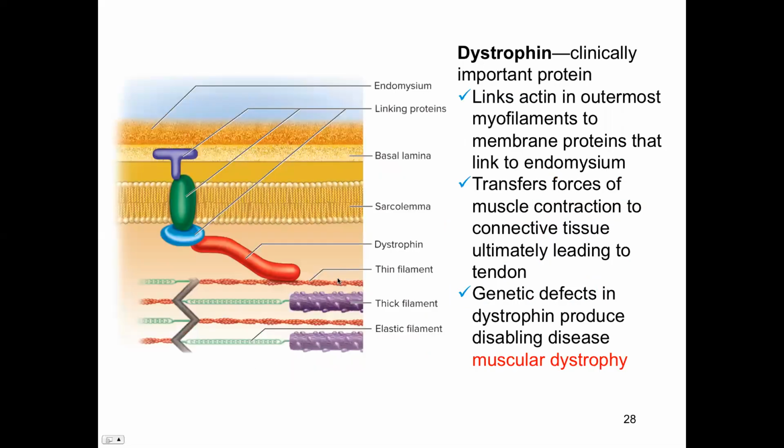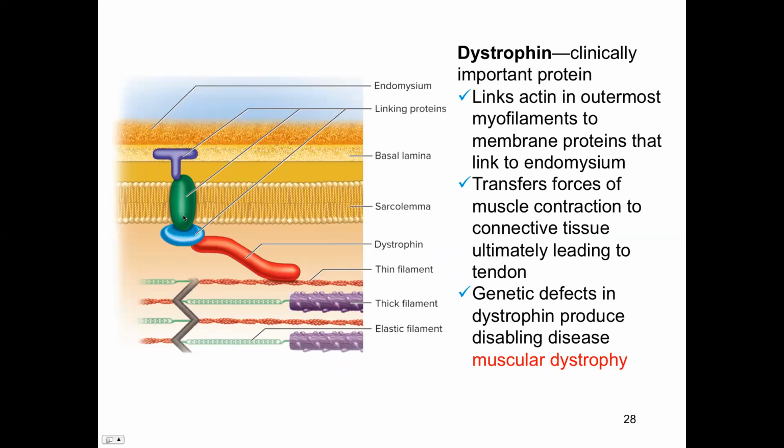Now we have another protein called dystrophin. If you know about muscular dystrophy, it's clinically important. Here you can see dystrophin attaching to the thin filaments. It's aligning the actin in the outer parts of the myofibril to the sarcolemma through another protein. There are some linking proteins here, and here you can see the sarcolemma. Remember, we have the endomysium on the outside of that.